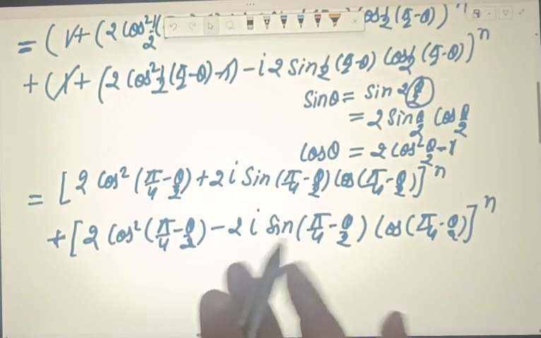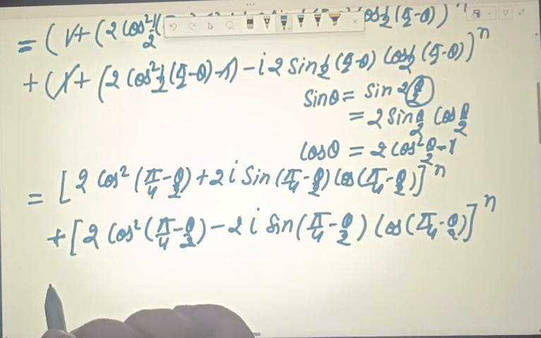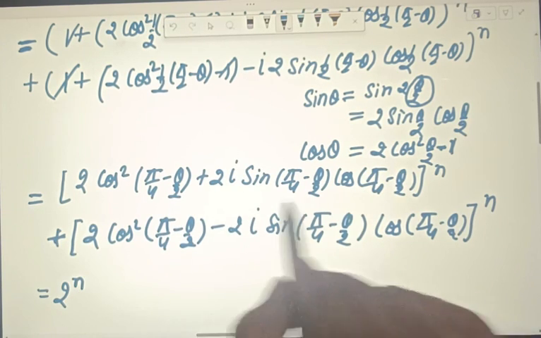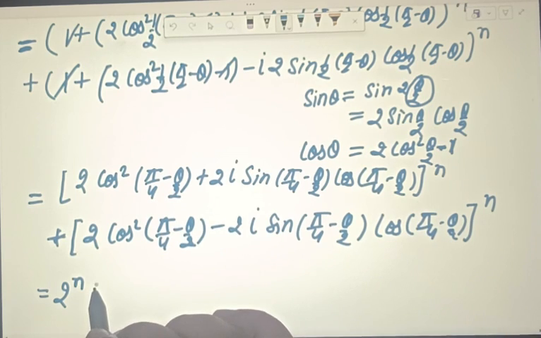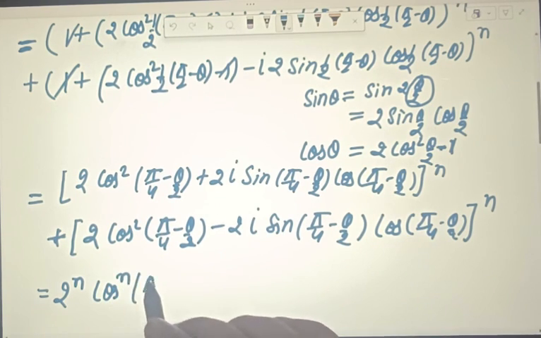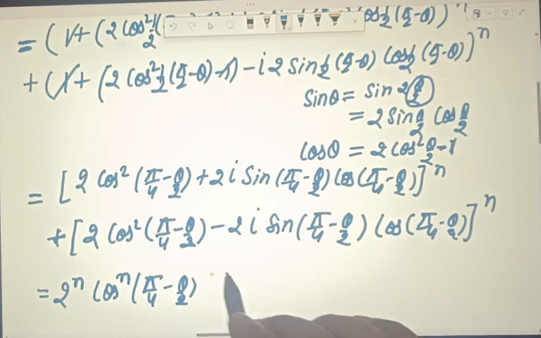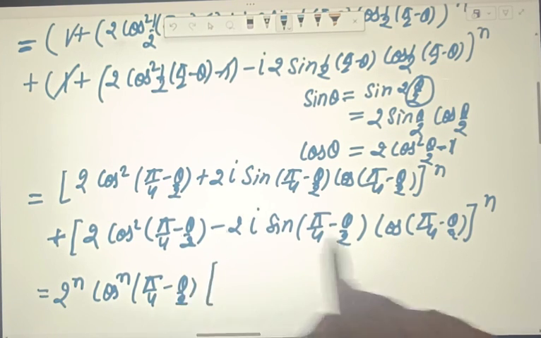If we take 2 common outside, it will be 2^n in both the terms, and you can take cos(π/4 − θ/2) from both the terms. So it will come here as cos^n(π/4 − θ/2). And remember, these two factors are part of both the terms.